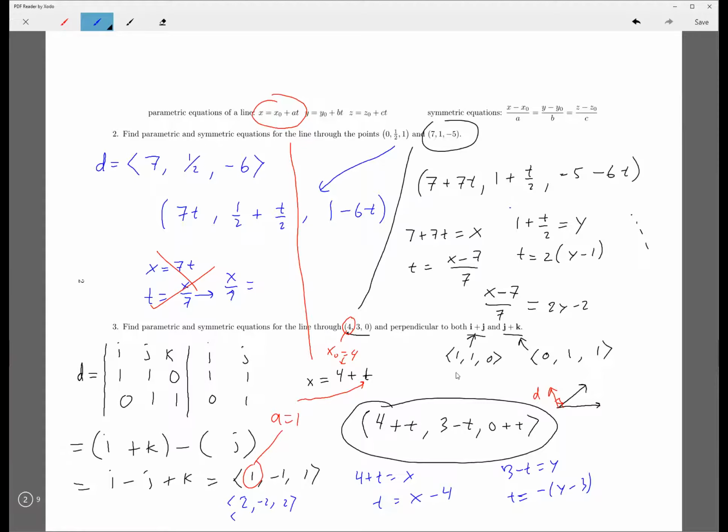And also if you reverse these two, you would get negative 1, 1, negative 1, that's also the direction. So that would be different coefficients on these t's here, but it would still represent the symmetric equation, the parametric equation. Of course, the second part would give you trouble because they want you to do it in the standard way, the way that they set up, you know, they made it all ready for you.